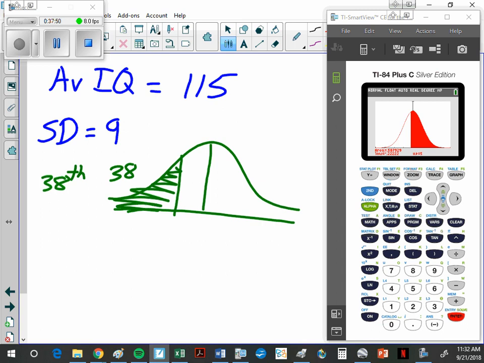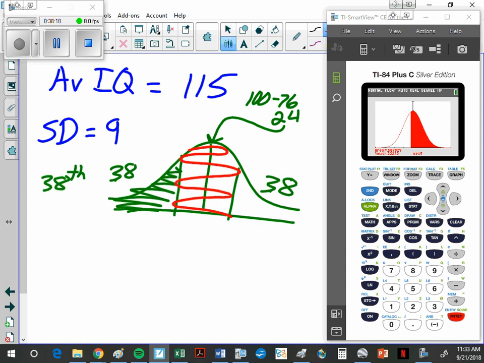So the other side is also 38, and 38 plus 38 is 76. So 100 minus 76 is 24, and 24 must be in the center.